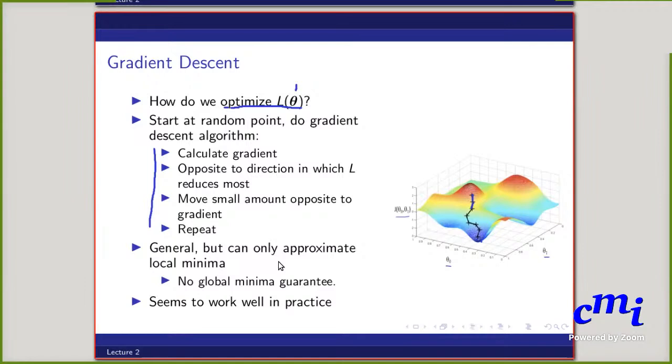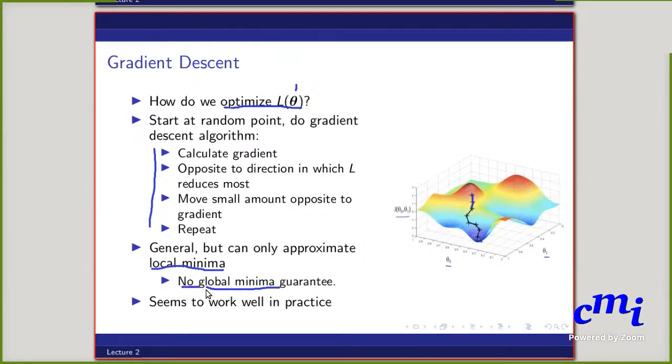But in general, the loss function is not going to be convex. It's usually much more complicated than that, which means the only guarantee of this algorithm is that it's going to get you to some local minimum. So there is no guarantee about this algorithm giving you global minima.